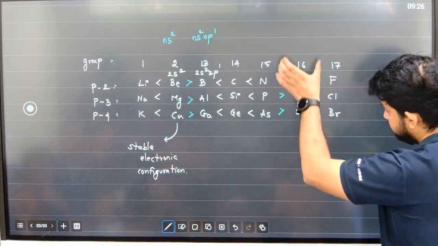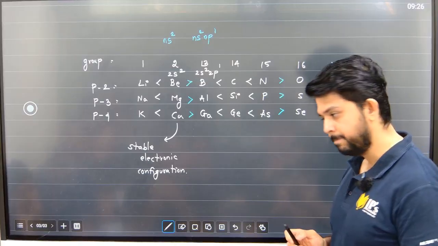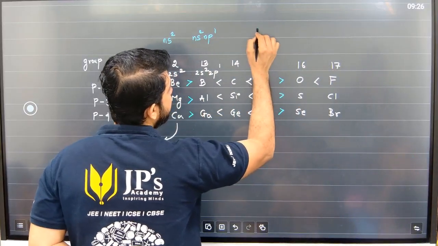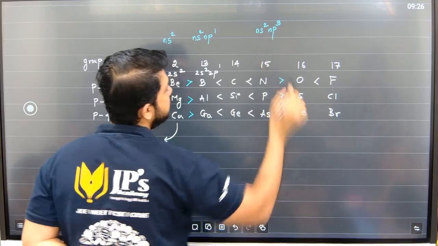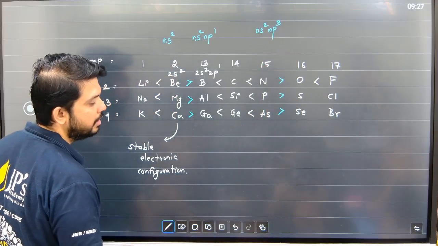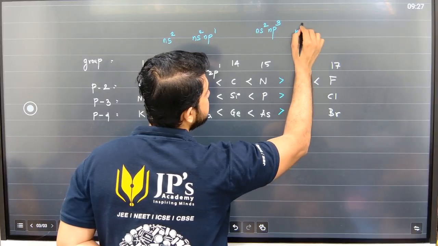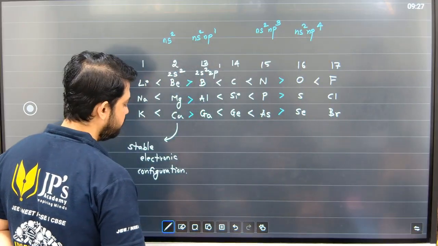Now use similar concept and tell me what happens in group 15 and group 16. What is group 15 का general electronic configuration? ns2 np3. What is group 16 का general configuration? ns2 np4. Same fundamental here.